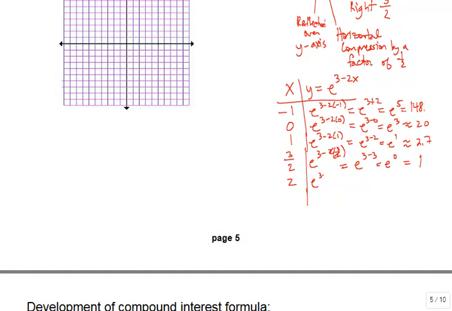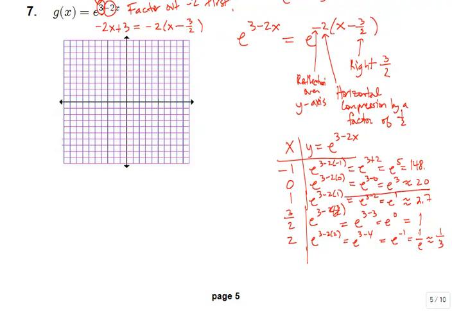If I plug in 2, 2 times 2 is 4, and 3 minus 4 is -1, and e to the -1, remember, is 1 over e, and that is approximately a third, because it's about 1 over 2.7. So we have at least these 3 points right here that are small enough that they'll fit on my grid. So I'm going to plot those 3 points.